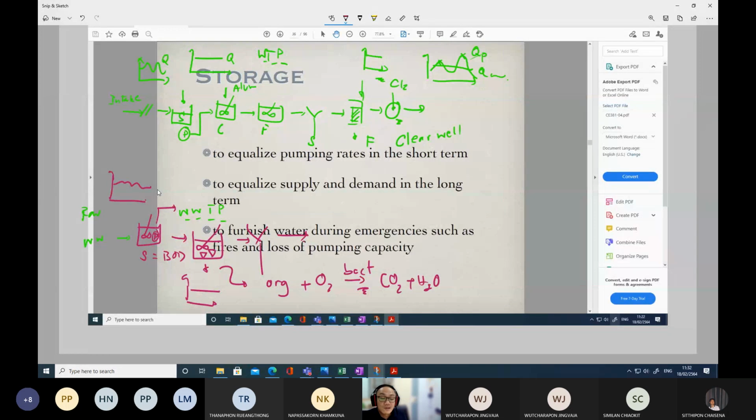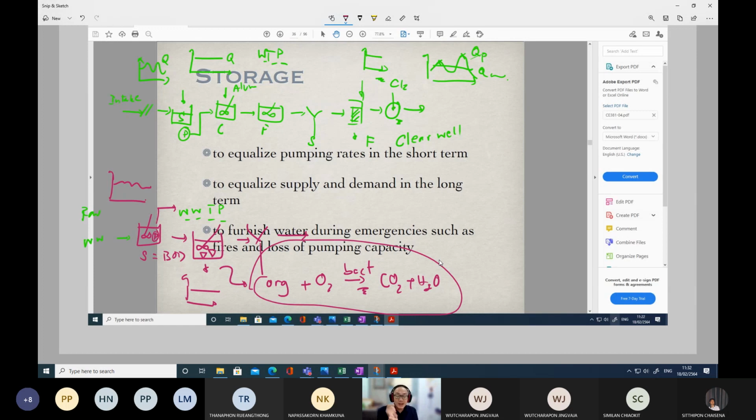For the biological process, this process is driven by microorganisms, by living organisms. If they live in favorable conditions, these reactions will proceed very fast. But if the microorganisms do not live in good, healthy conditions, we will experience problems.